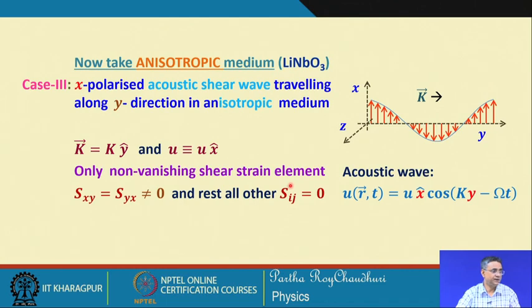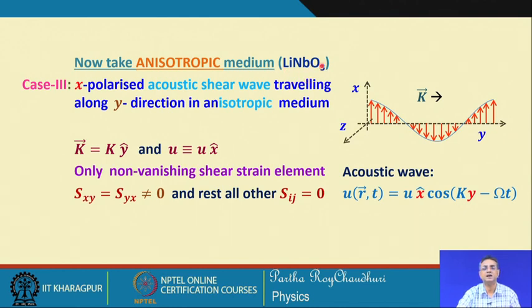Now, we will consider the other case, that is when the medium is anisotropic and the acoustic wave is a shear wave. In this case, an x polarized acoustic shear wave travelling along the y direction in an anisotropic medium. For an anisotropic medium we have to specify, in order to understand, an example of a specific strain optic tensor.